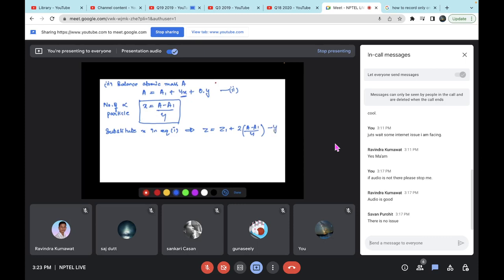So hence I want to find y, so y will be (Z minus Z1) plus (A minus A1) by 2. So this is nothing but the number of beta particles.